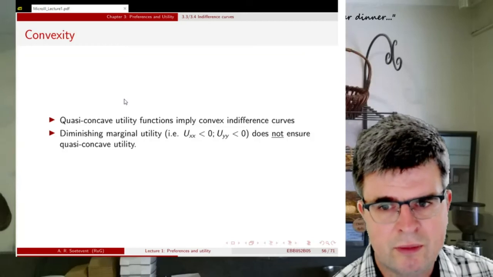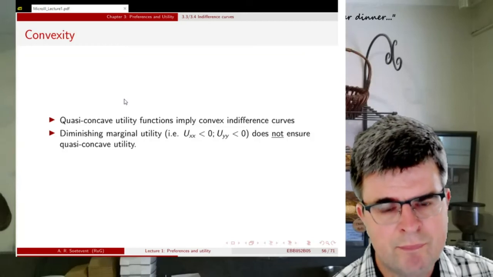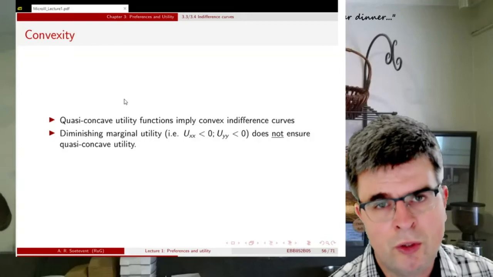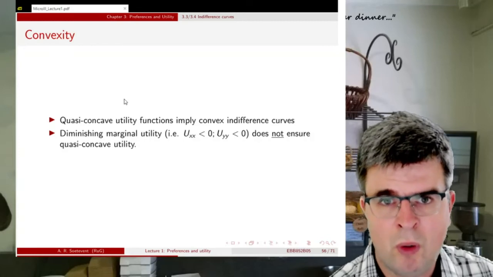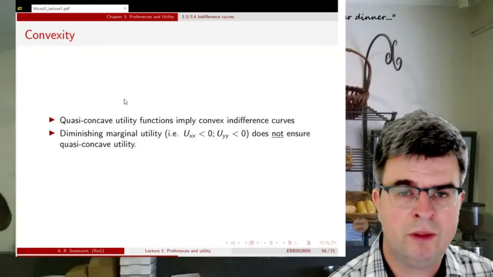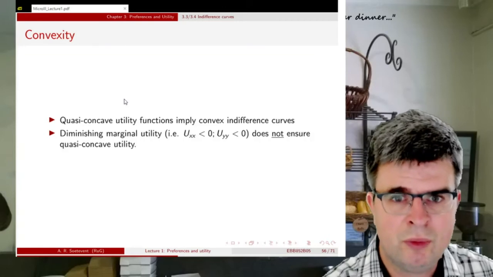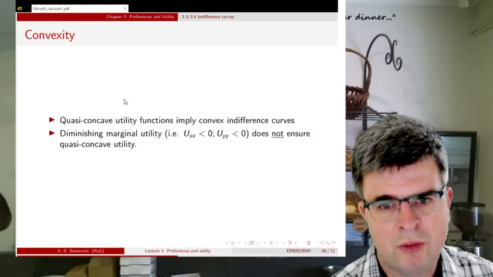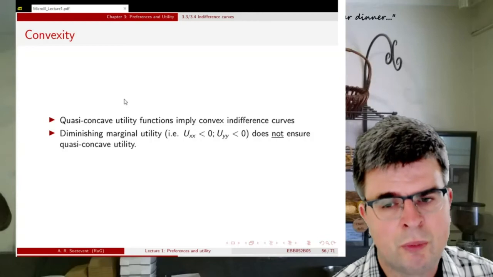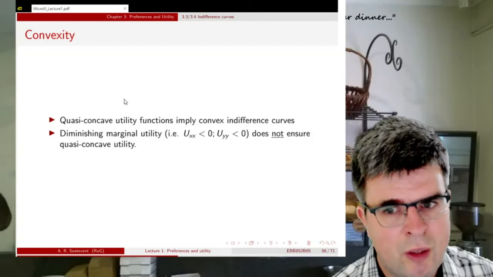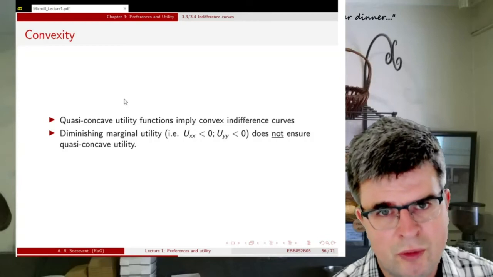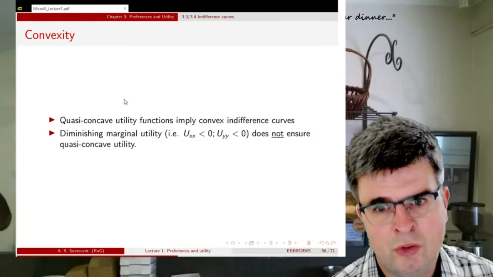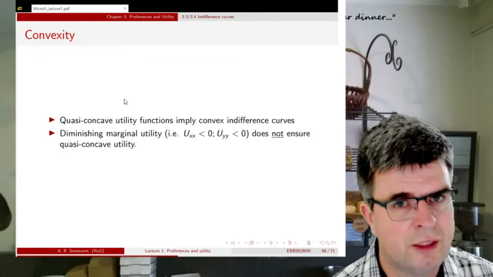And diminishing marginal utility, so the more you get of a good, the smaller the marginal utility of having still additional units of that good, doesn't ensure quasi-concave utility, so diminishing marginal utility also does not ensure that you have convex indifference curves.